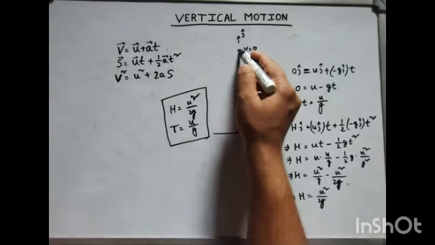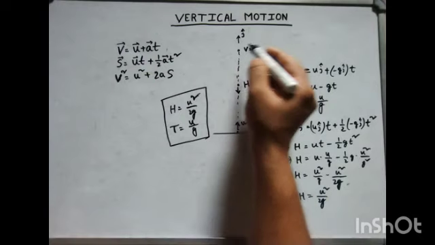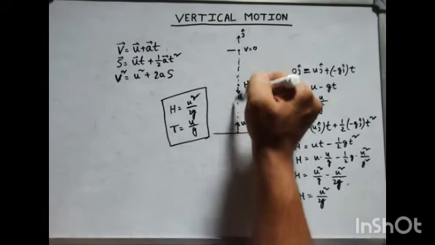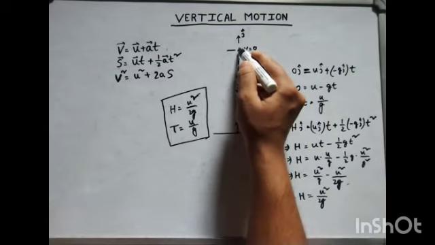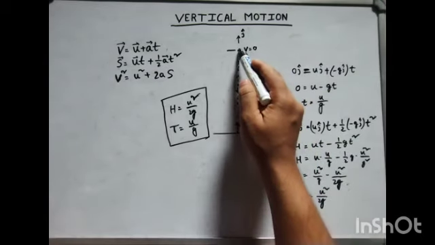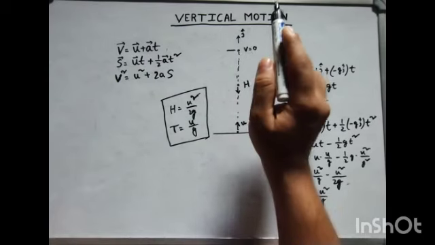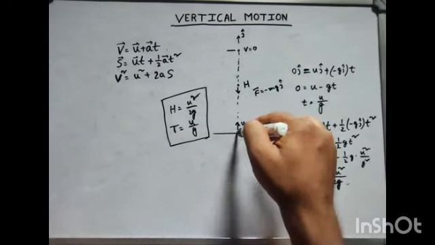Now when it is at the upmost point, suppose I am starting the motion from this point to this point. Now I will take this v equal to 0 as my initial point, and this will be my final point.